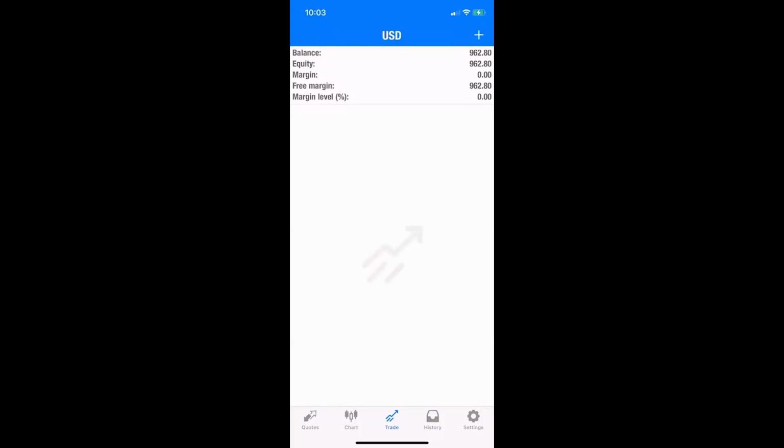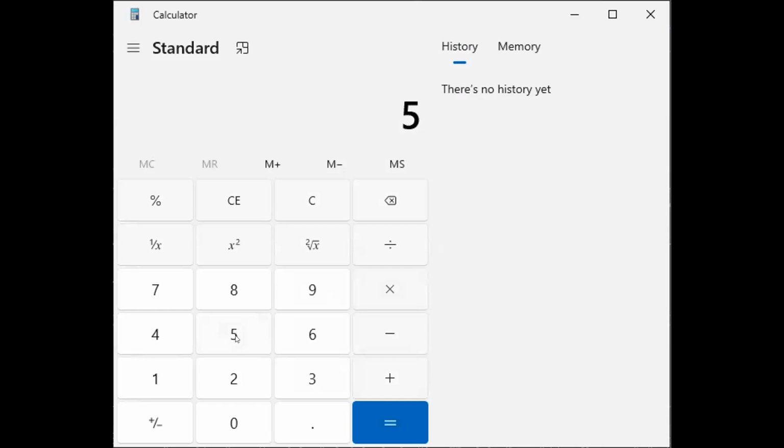When we look at the calculator here, let me pull it up. So let's say $962.80, subtract $500. So far on the strategy, we made $465.80 within the first month.